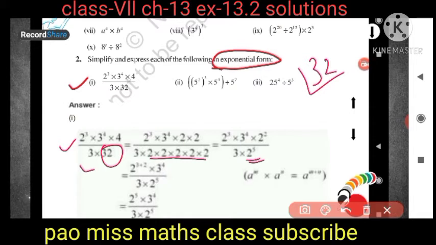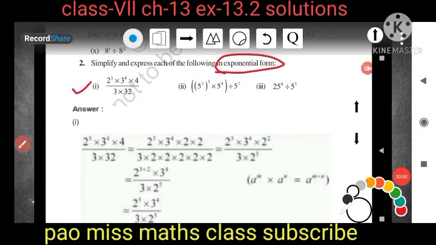Now you will see which are common. You can see here 2 to the power 3 and 2 to the power 2. That means these two have the same base. Now here 4 was there, isn't it? So 4 is also written as 2 into 2, so in exponential form you will get 2 to the power 2. Now you can see here the base is 2 and here also the base is 2, isn't it? So if the bases are the same, then the powers will be added, isn't it?